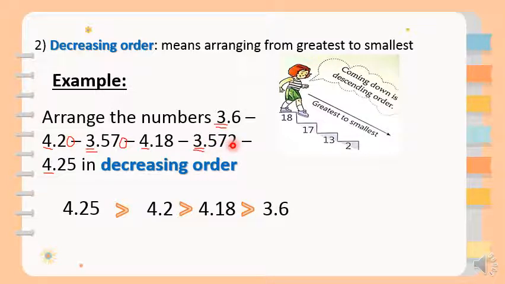So which one is greater? 3.572 is greater than the smallest one, 3.57. And don't forget to put the signs, the symbols between the decimal numbers.